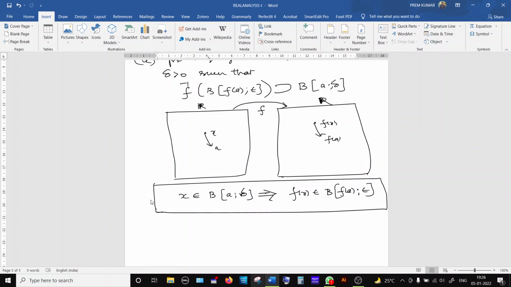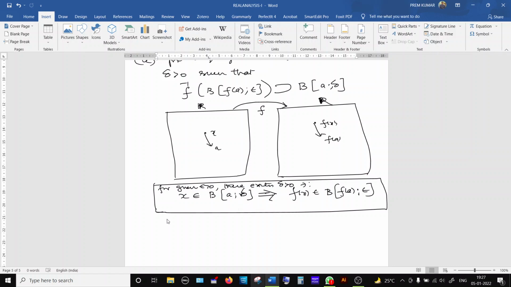Now, in terms of inverse functions, what it says is, for given epsilon there exists a delta greater than 0 such that, so this is the definition of a continuous function in terms of open balls.